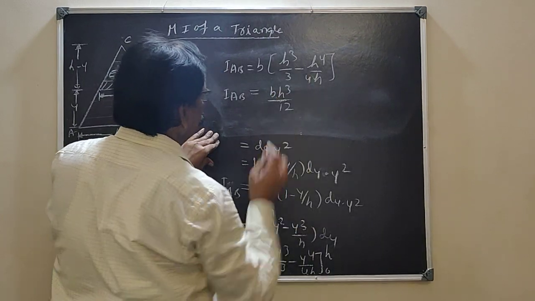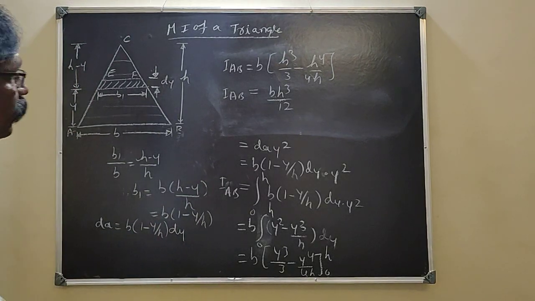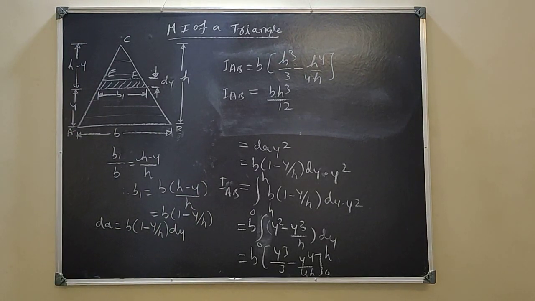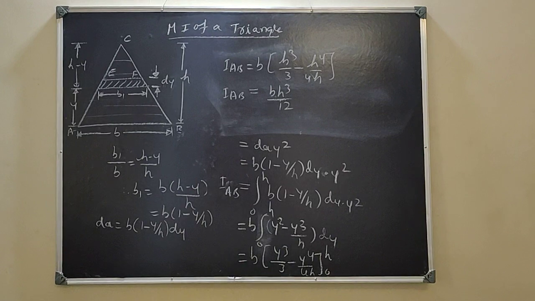That means after simplification, you will find that this will be the moment of inertia of this triangle about its base.